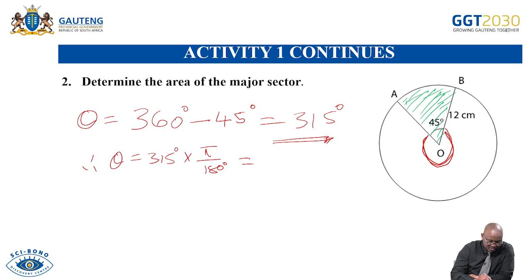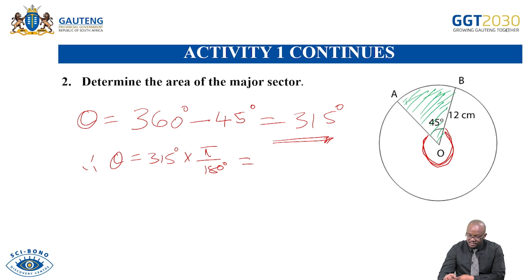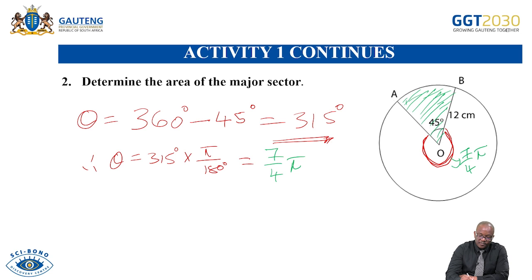So in radians it is 7 over 4 pi. That is the reflex angle. It means that angle is now 7 over 4 pi.